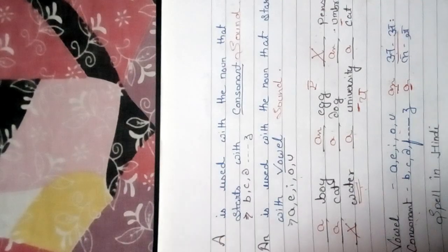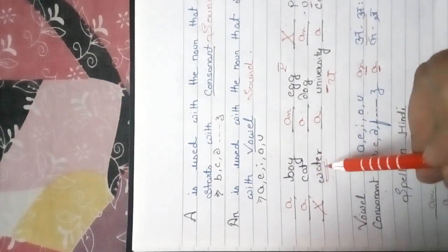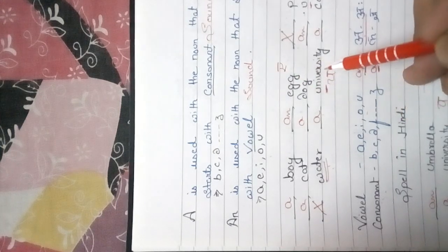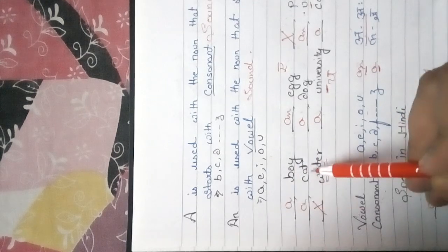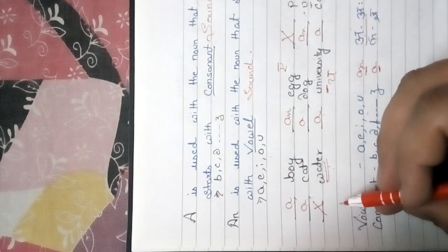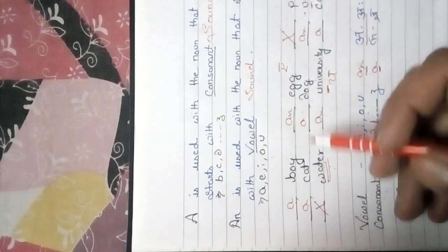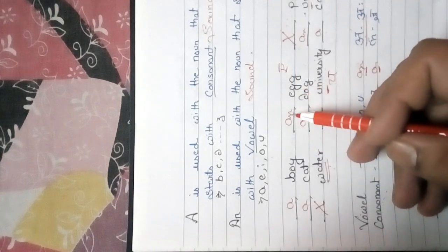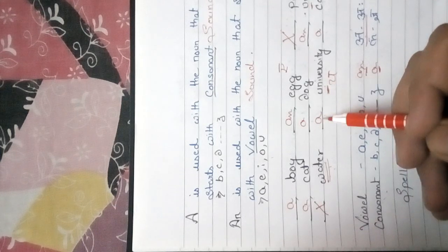Here I have done some exercise for you with some explanation. So let us consider the following exercise. I have written some words here: boy, cat, water, egg, dog, university, pen, umbrella. With boy I have used a, with cat I have used a, with water we are not supposed to use anything because it's an uncountable noun, with egg we are using an, with dog we are using a, with university I am using a.